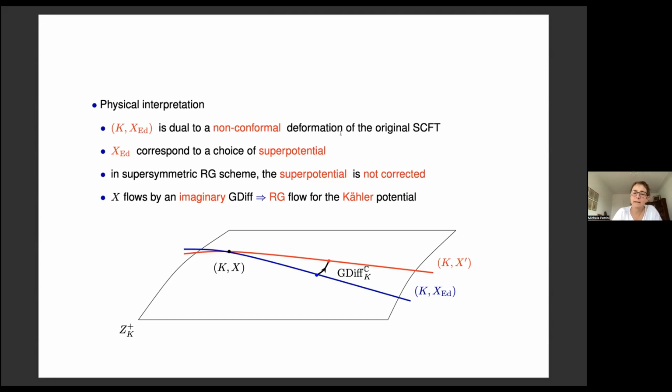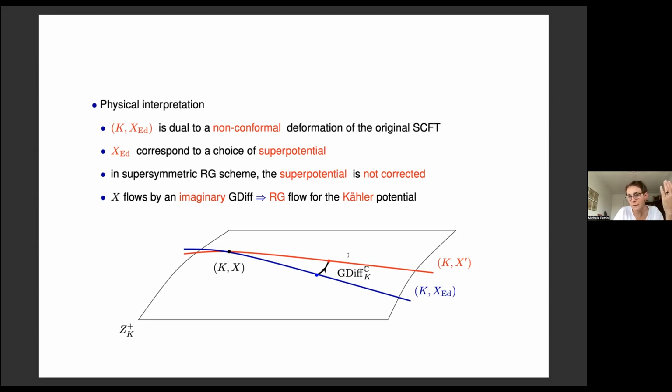And the superpotential in SUSY RG schemes does not change. So when we go down from our deformed solution, with the given superpotential given by XZ, along the orbit of GDiff K, what we're doing is a renormalization of the Kähler potential. And with the renormalization of the Kähler potential, we end up on the new CFT, which is the fixed point of our RG flow.